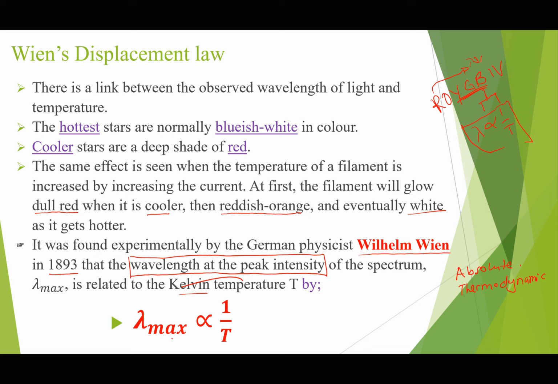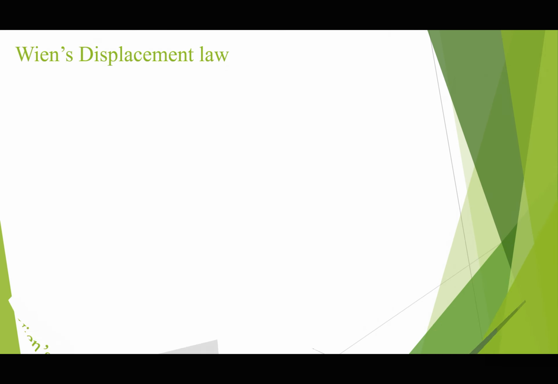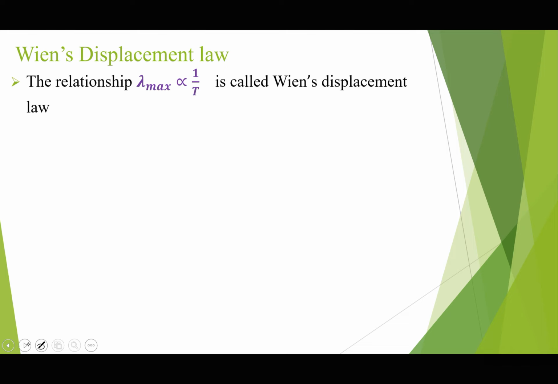This relationship is going to be called Wien's displacement law. So lambda max is inversely proportional to the absolute temperature, and this relationship is called Wien's displacement law.